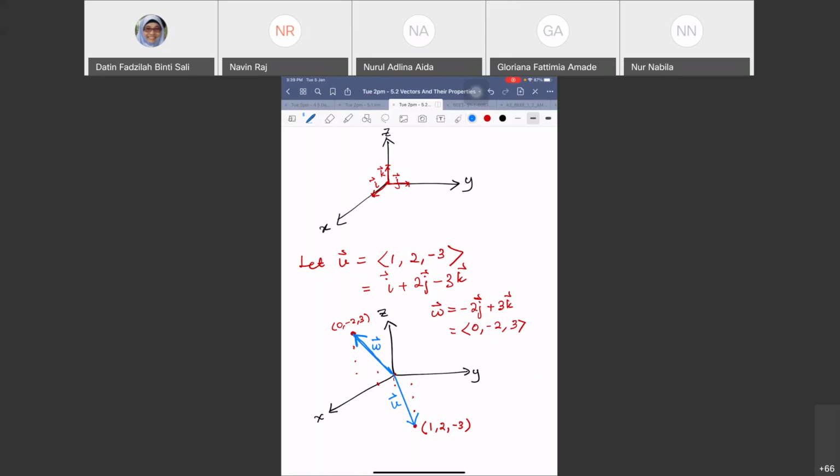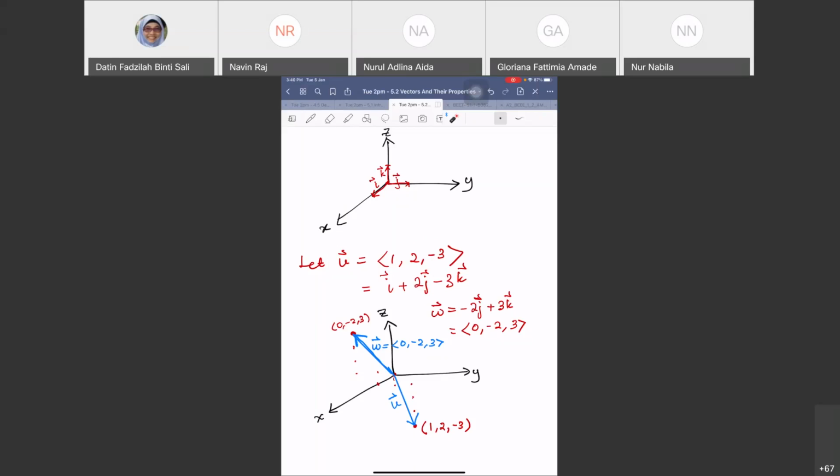If you want, you can also write it in terms of components like this. So this is how we plot our position. This is a position vector. If you are given straight away, let u be like this, it is understood. This is already, in a way, your position vector. If we want to plot this, this is how we plot.